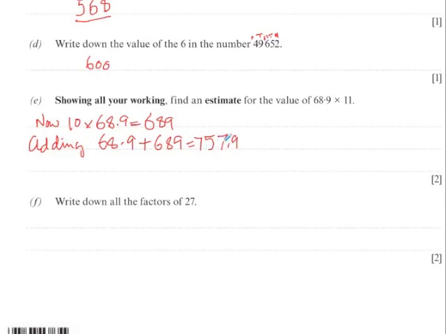I think what they're trying to say is that it's very difficult actually, because let's say 68.9 is roughly 70.